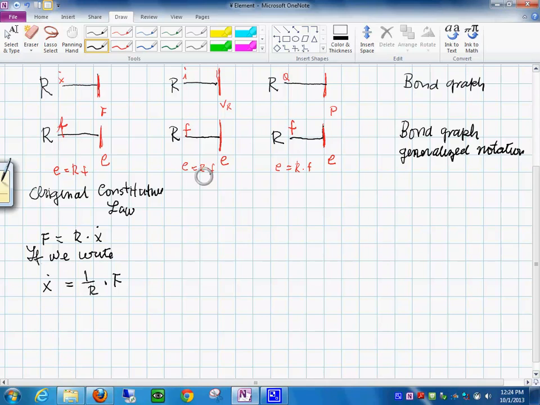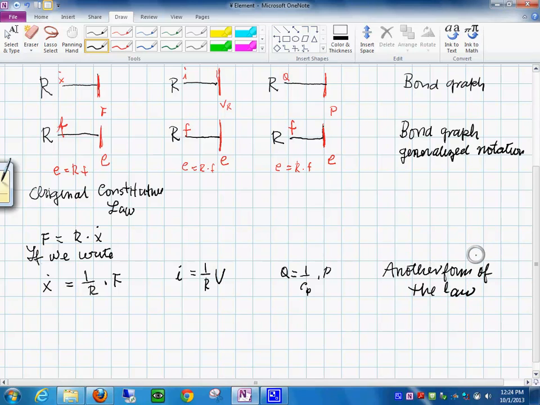I could do the same thing for this one: the current I is equal to 1 over R times V. And this one, Q is equal to 1 over C sub P times the pressure, right? So let's call it another form of the law.